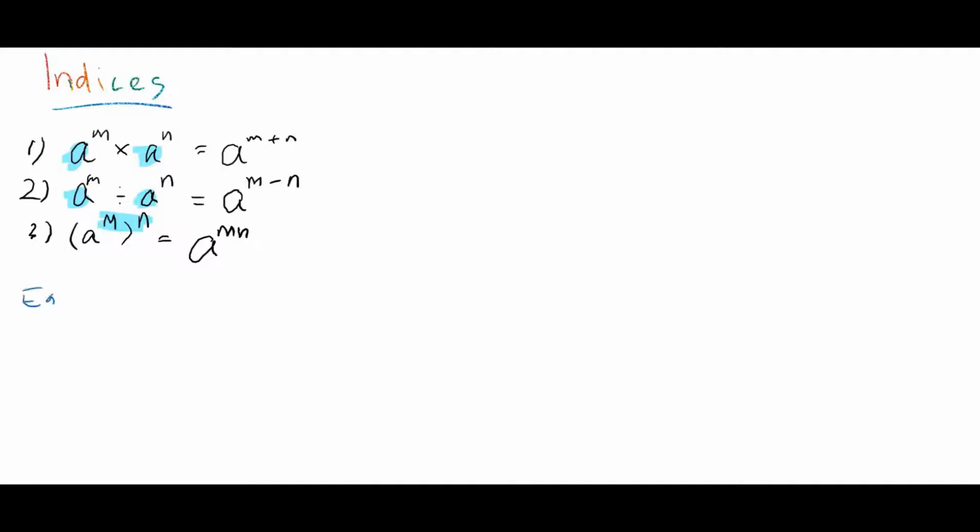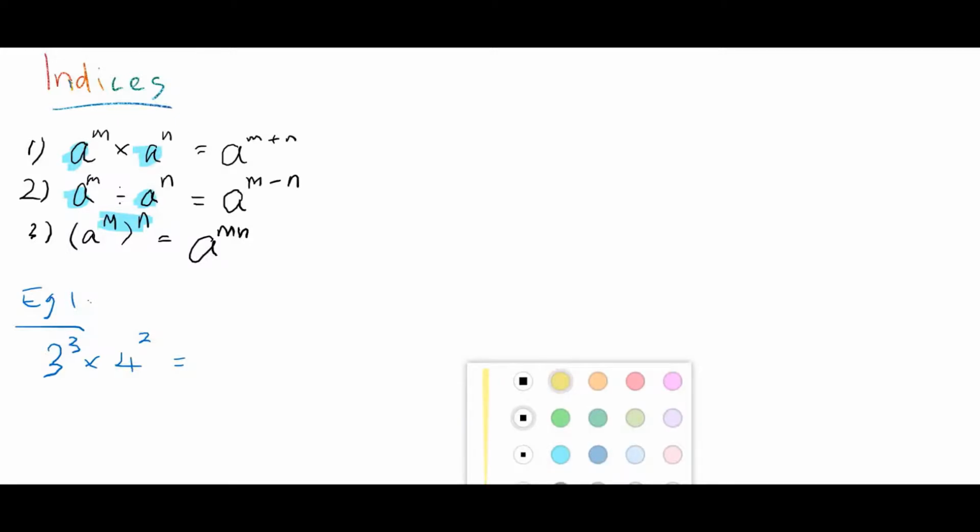Now let's look at a few examples using the different formulas that we have just introduced above. Say we have 3 power 3 multiplying 4 power 2. Notice that the bases are different.